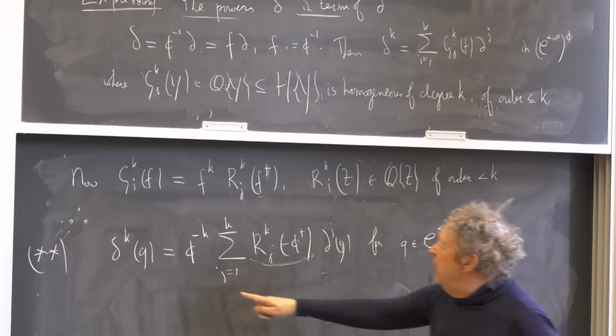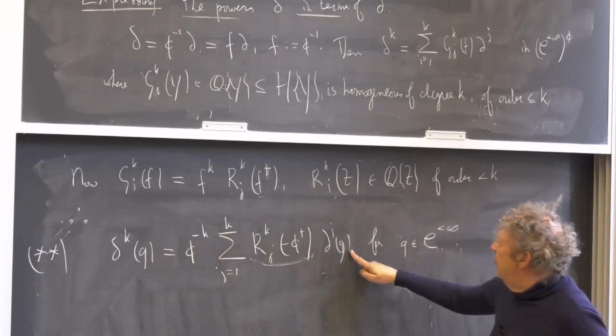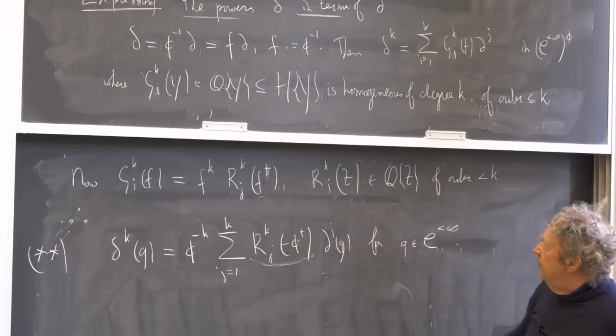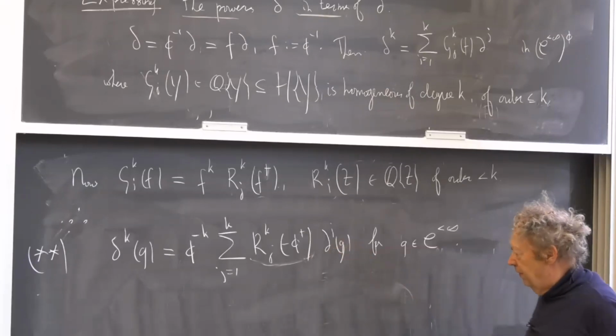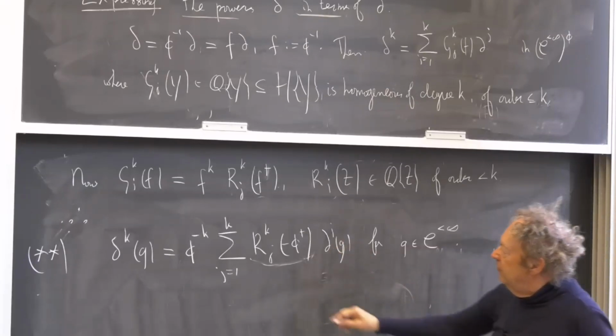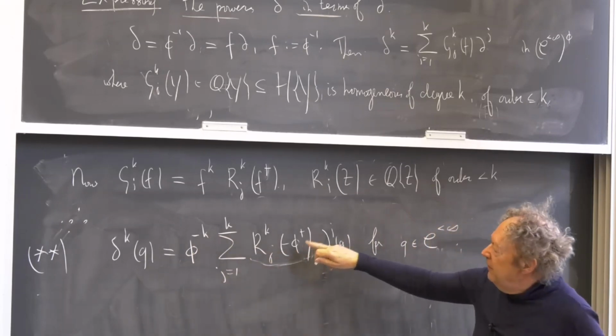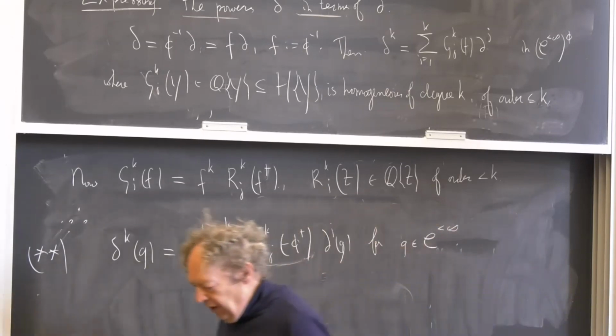So the funny derivative of g is now expressed in terms of the ordinary derivatives of g, involving phi and phi dagger, but in a way that is not too bad.